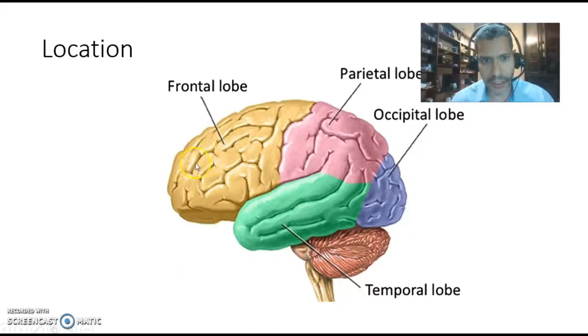So the different locations that tumors can exist in the brain would include the frontal area of the brain, the parietal lobe, the temporal lobe, occipital lobe, cerebellum, or the brainstem.